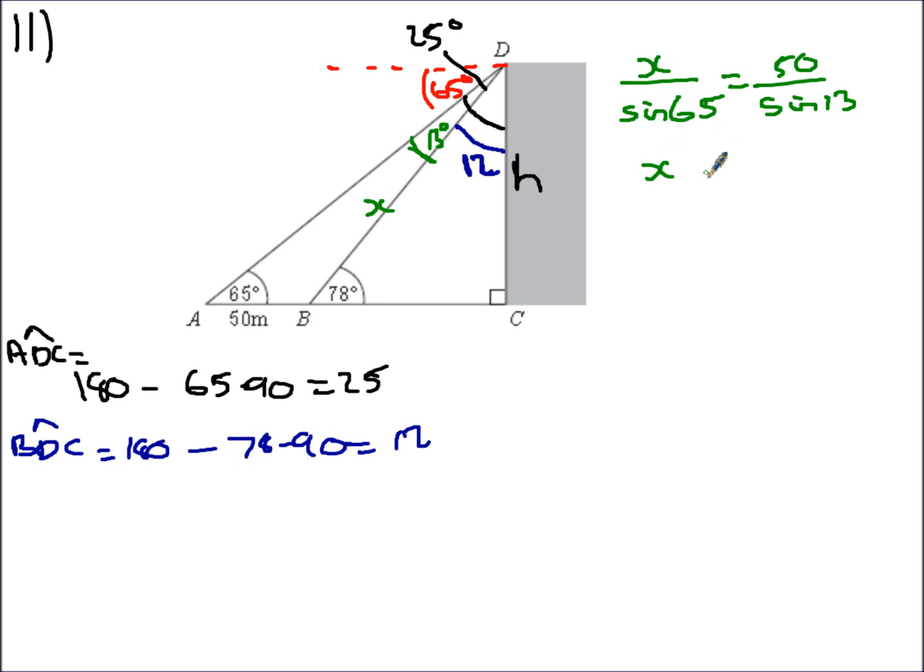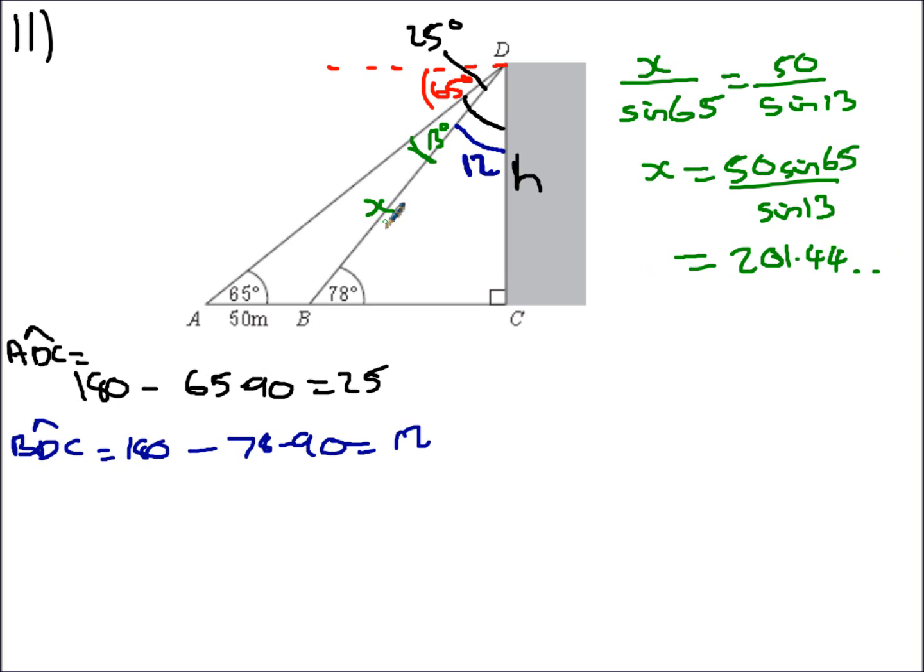Bring your sine 65 up. So 50 sine 65, and then divide that by sine of 13. That will then give you 201.44.